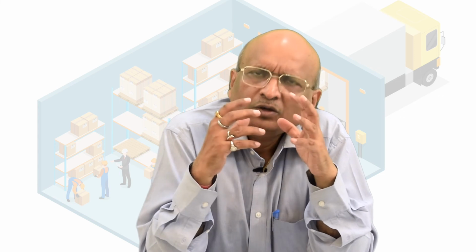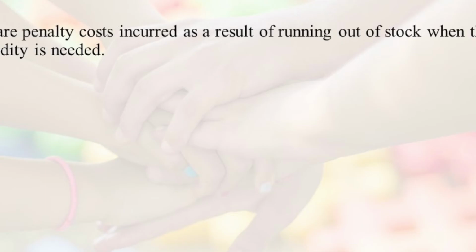Another important cost is your shortage cost or stock out cost. Basically, they are also called the penalty cost and they are incurred as a result of running out of stock when the commodity is needed.